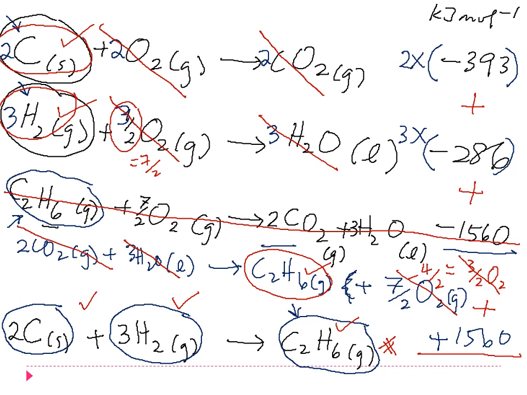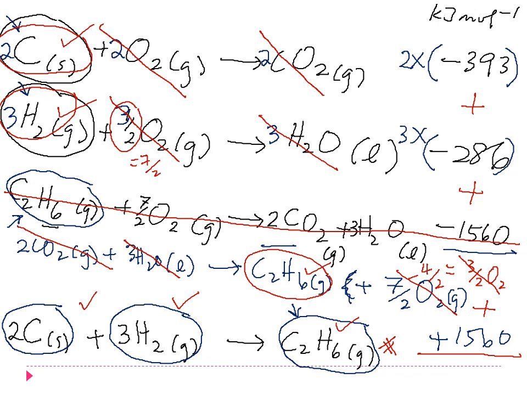So take your calculator now, and 2 times negative 393 plus 3 times negative 286 plus 1560. What are you going to get?